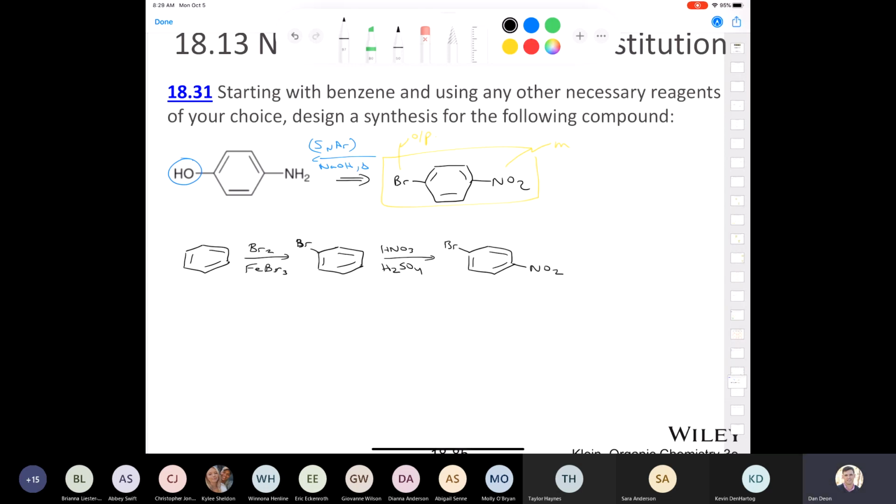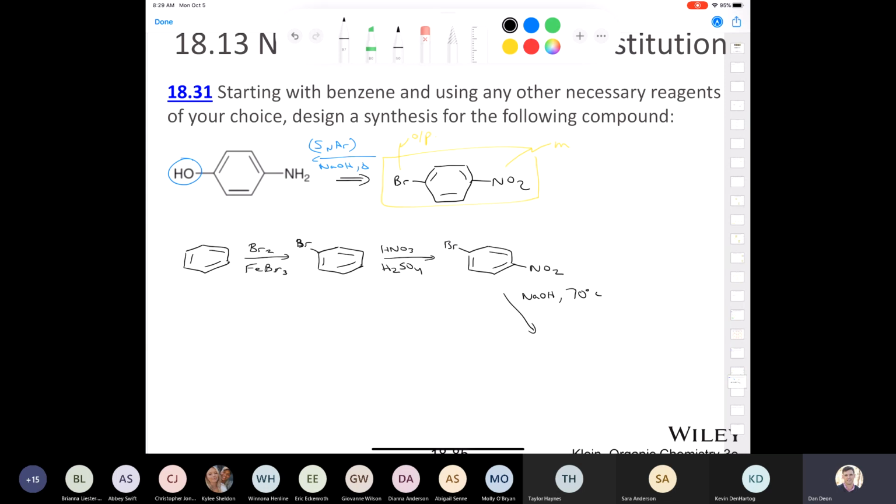There we go. Now we're set up for our SNAr reaction. What do we have to do? Let me draw both steps just to show you. The first step is to treat it with sodium hydroxide and heat it up to around 70 degrees Celsius.